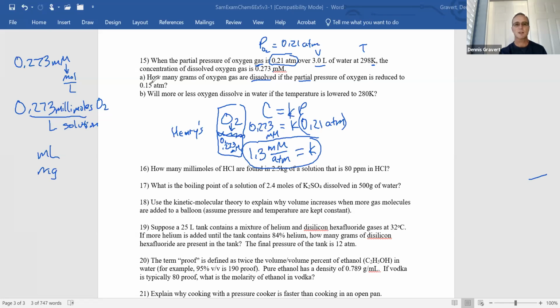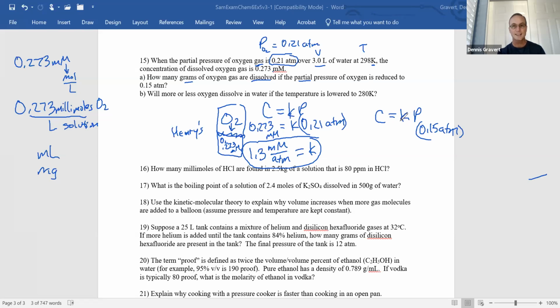Why do I want that? Because question A says grams, so it's going to complicate it. But let's just go after Henry's law. We want to know if the partial pressure is reduced to 0.15. So now we have a P. The P is now 0.15 atm.